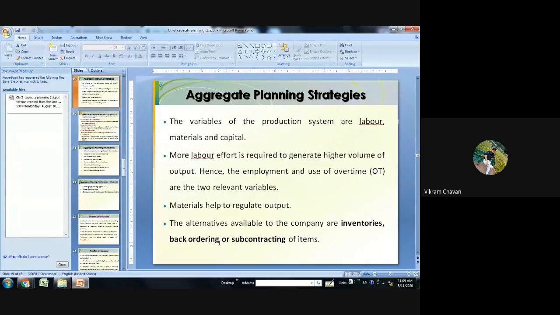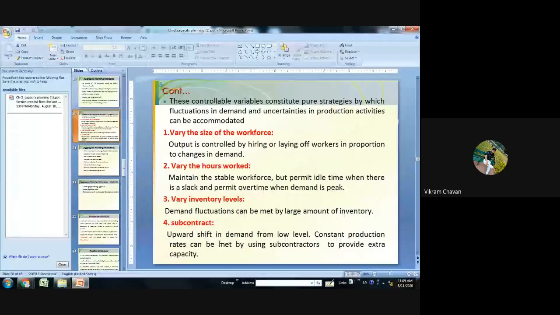So how are these strategies implemented in the firm? By varying the size of the workforce, varying the hours of working, then varying the inventory level and subcontracting. So strategies are related to these particular points.